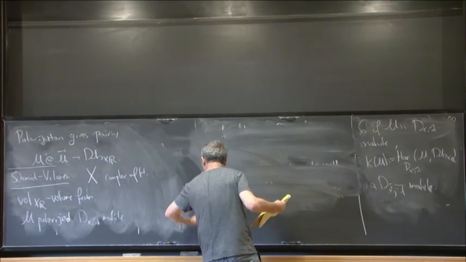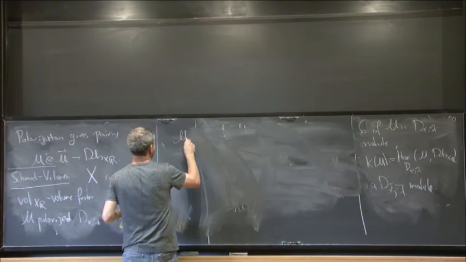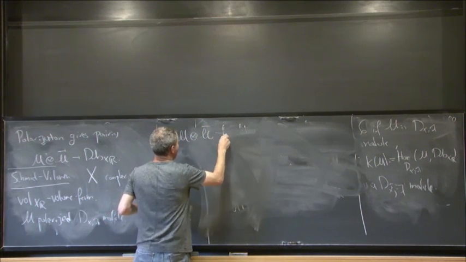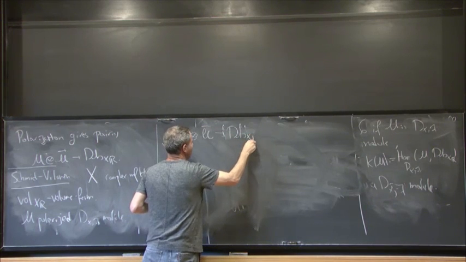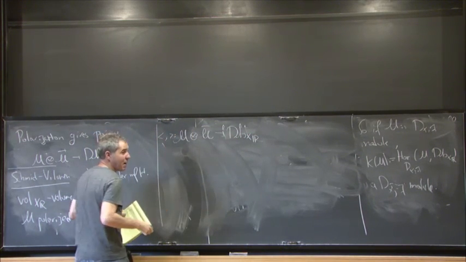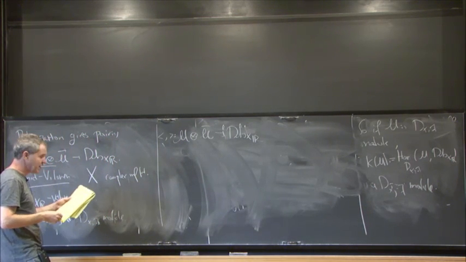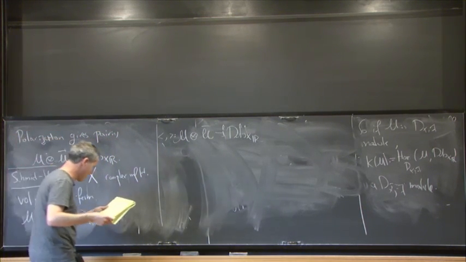Well, you can do this thing. You wind up with M tensor M-bar goes to distributions on X. Let's call that angle bracket. But you can do this smart thing: because you have the volume form, you can take global sections and integrate them over that volume form.